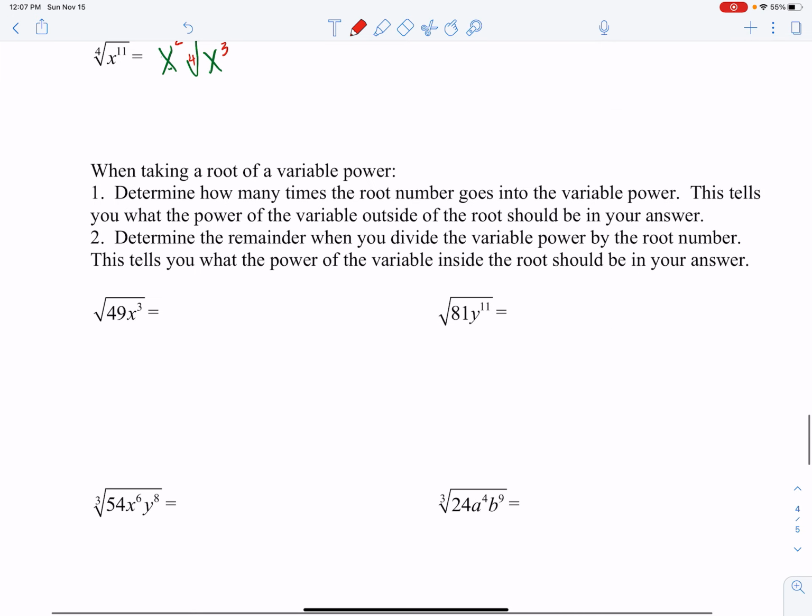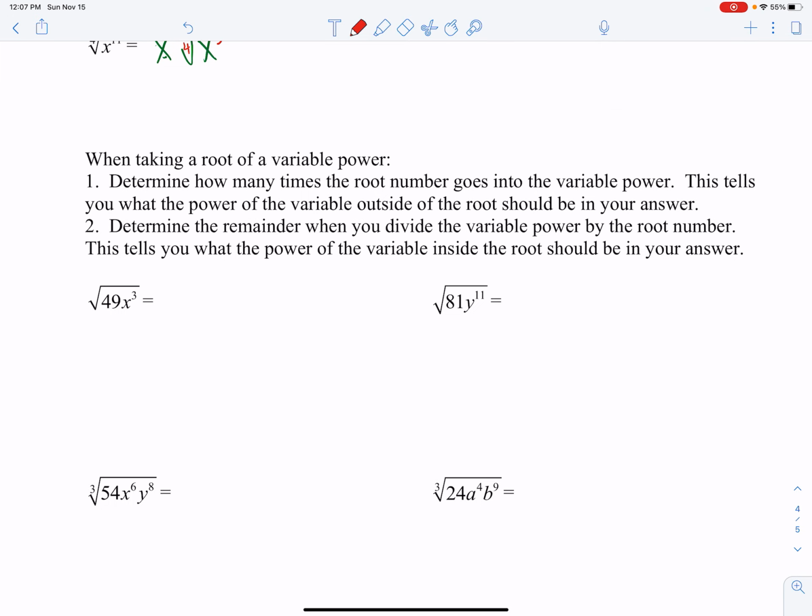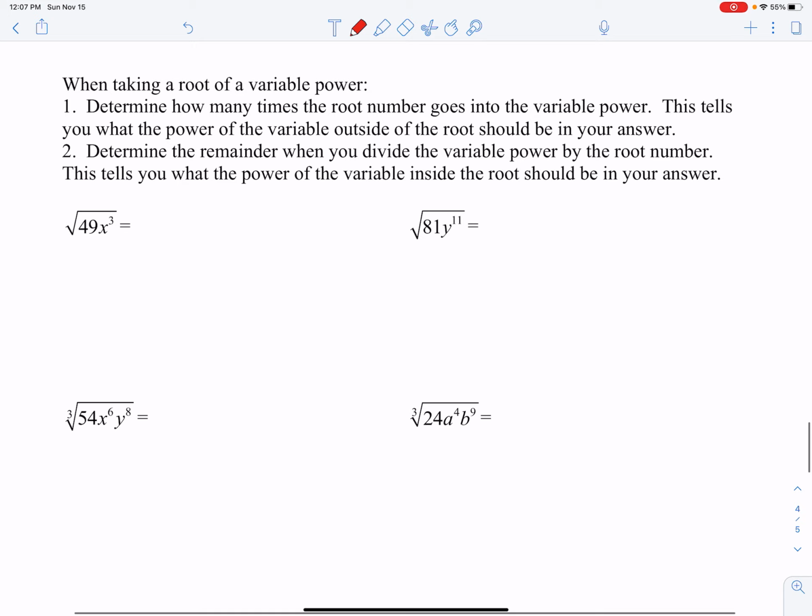So let's take a look now at putting all of this together and taking roots of expressions that combine numbers and variables. So for example, the square root of 49x cubed. When we look at the square root of 49, that's just 7.